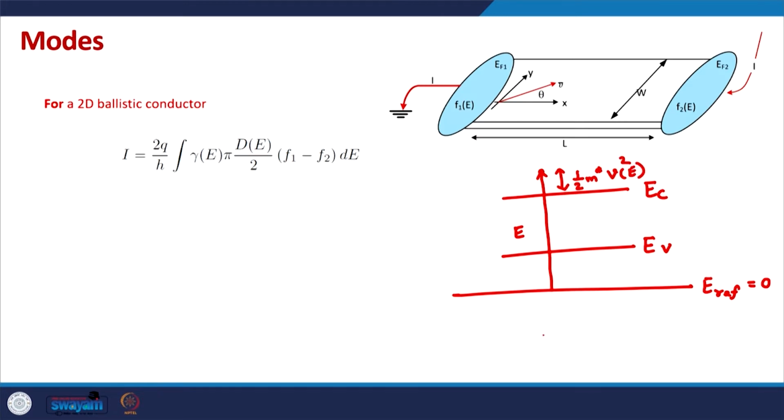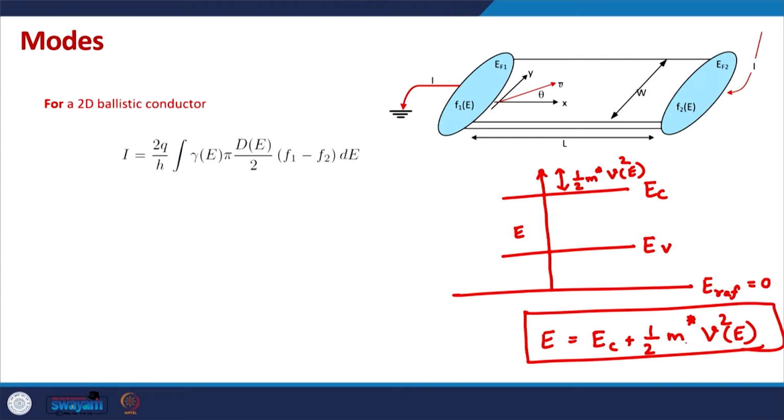So, which means that E is written as Ec plus half m star V E square. Okay.